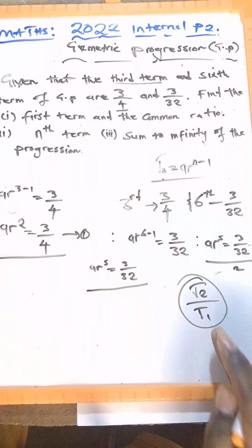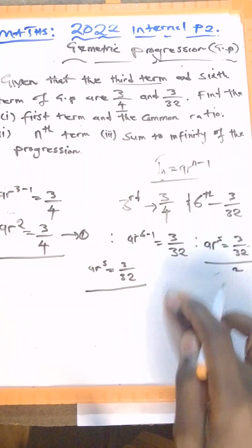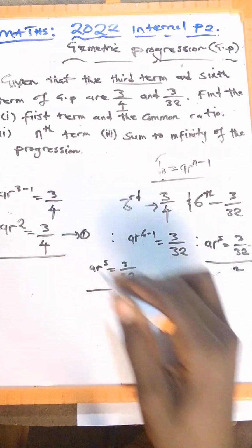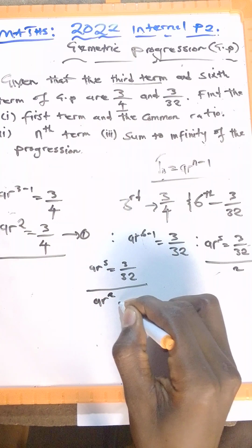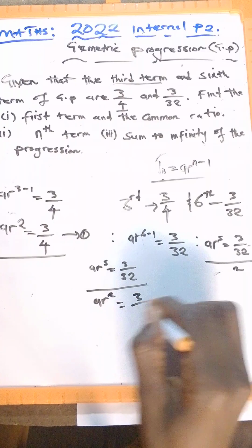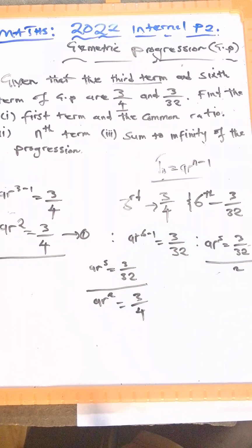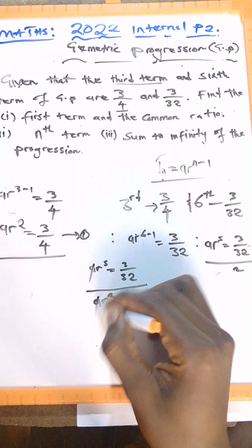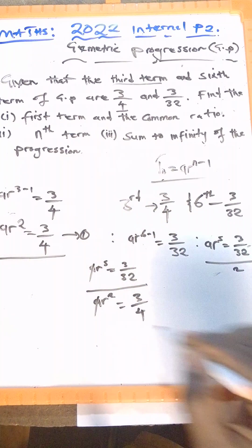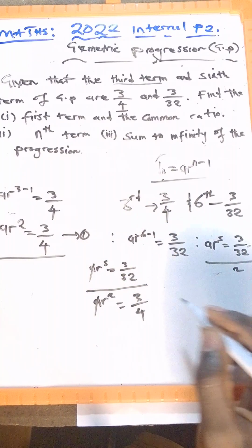Then we divide now by the first one, which is ar to the power 2, which is equal to 3 over 4. Now you combine the law of indices here, so we can cancel first what is common. So a and a, these two are common, so we cancel them.